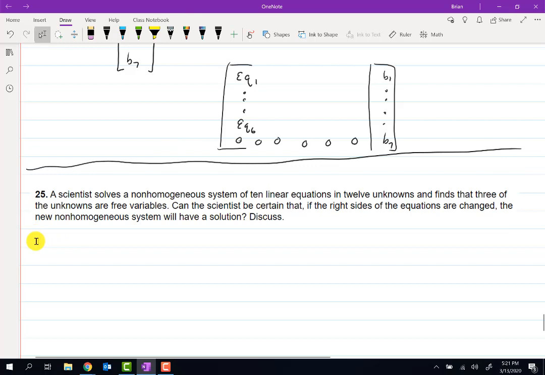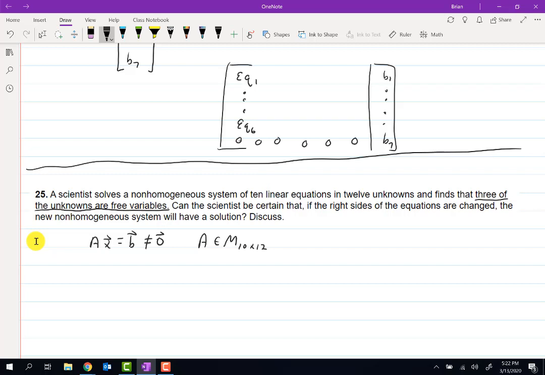Now let's see, we have a scientist who solves a non-homogeneous system of 10 linear equations in 12 unknowns. So he is solving AX equals B. The B is not the 0 vector, and A is a 10 by 12 matrix. Now we are told that 3 of the unknowns are free variables.